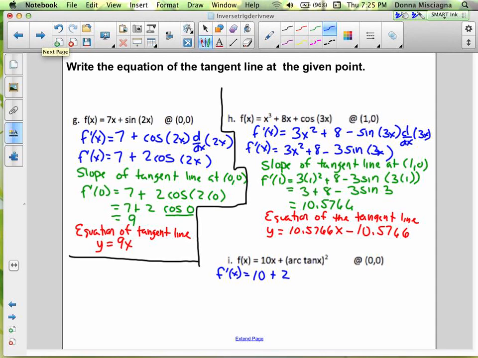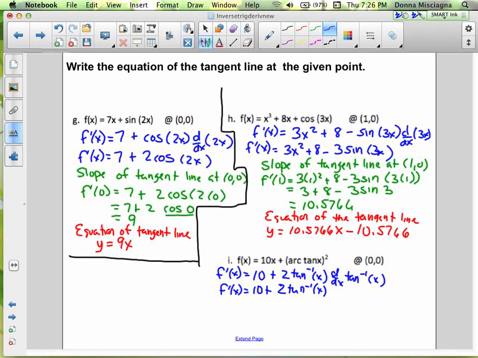All right, so 2, I'm going to write arctangent like this, arctan, times the derivative of arctan. So that's going to be equal to 10 plus, and I'll write it out and then I'll simplify, 2 arctan x.